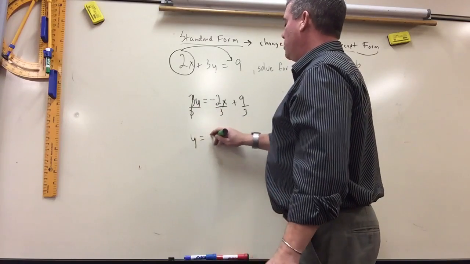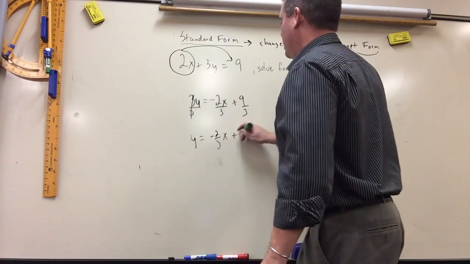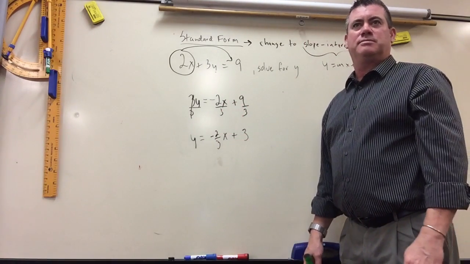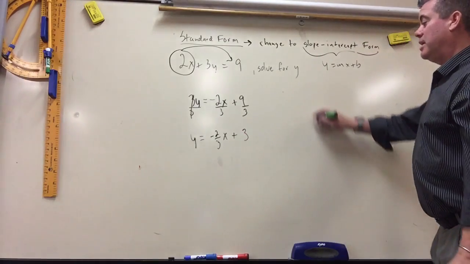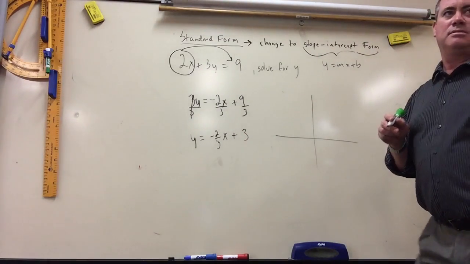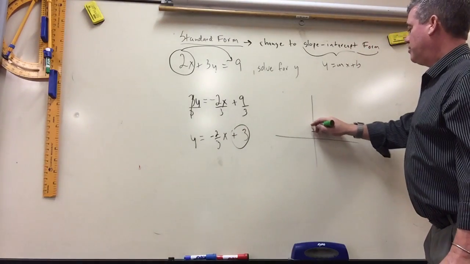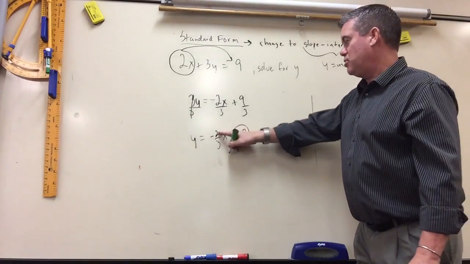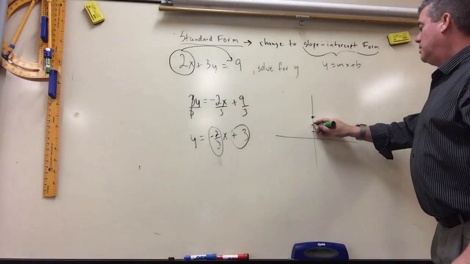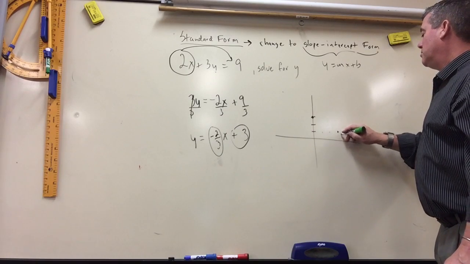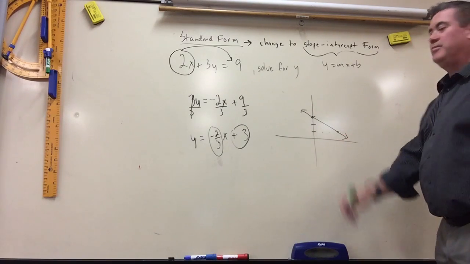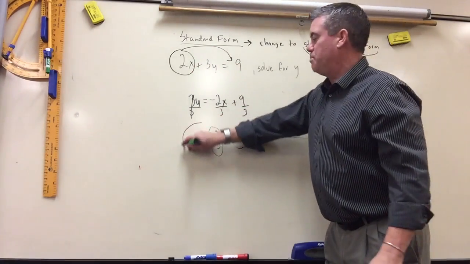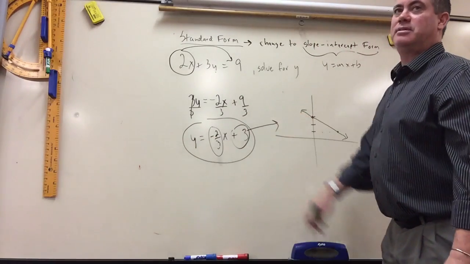So now it's y equals negative 2/3 x plus 3. 2x over 3 you can just write as 2/3. So now we can graph it quickly. It crosses where? At 3. And the slope is? I went down 2. Down 2 and over 3. Okay? So today's problems, they're going to be in standard form. You got to put it into slope-intercept form and then graph it.